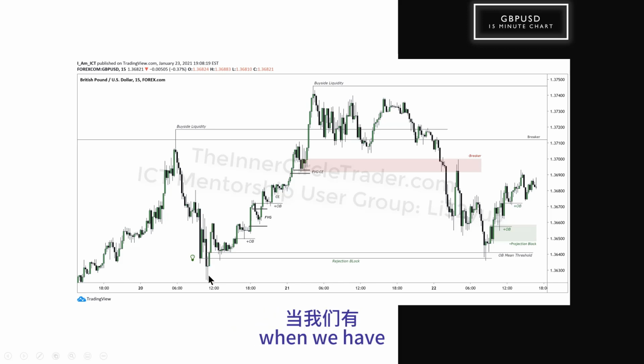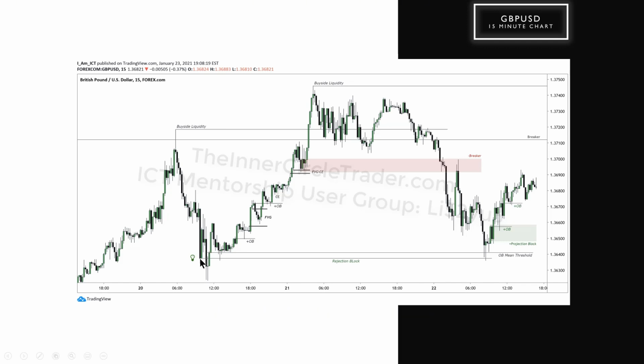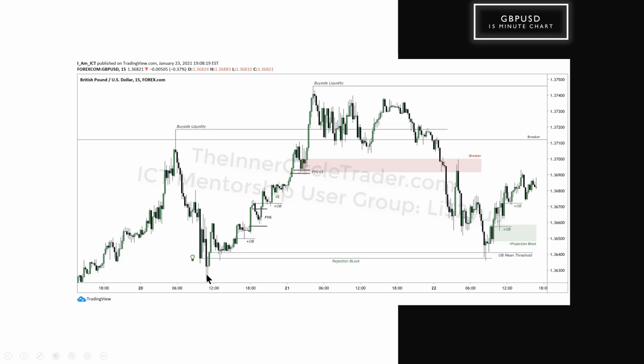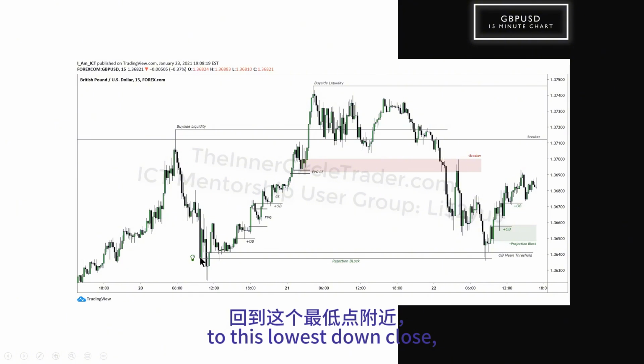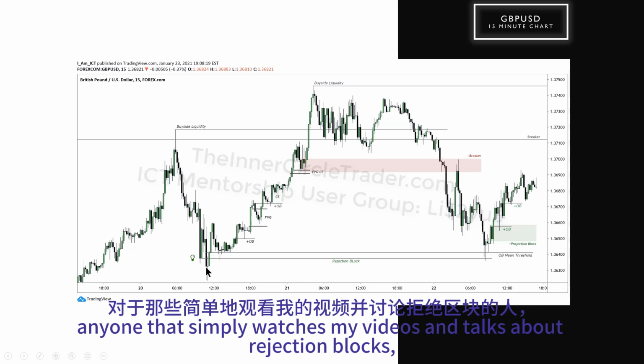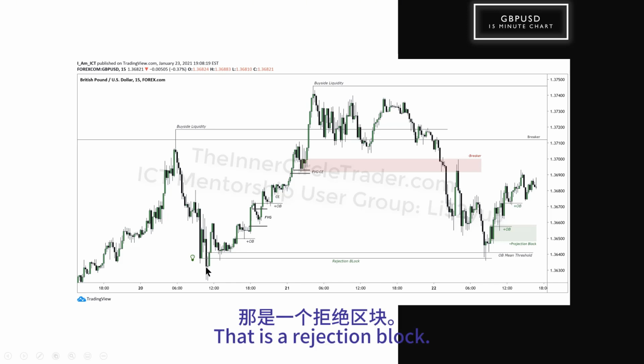When we have that framework, we want to consider that first low. This is all stop running. You want to go back to this lowest down close, whereas anyone that simply watches my videos and talks about rejection blocks would consider that this would be a rejection block. It is, that is a rejection block.